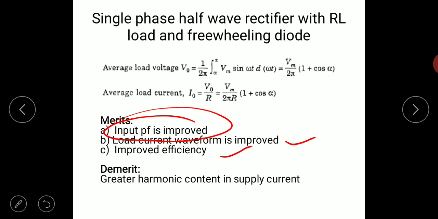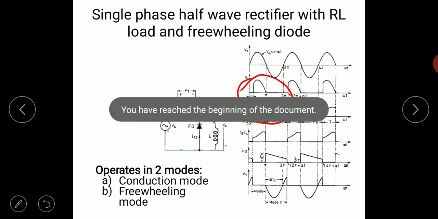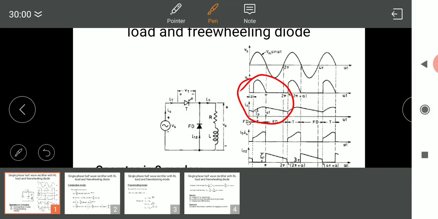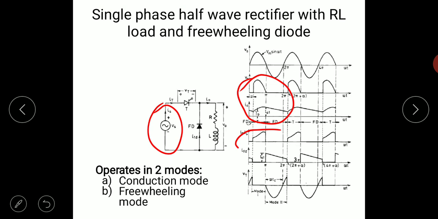We have not mentioned the harmonics on the load side because it was improved, but if you observe the harmonics at the supply side, the supply side current is IS. Here you can see that the IS current is more distorted, even compared with the series RL circuit without freewheeling diode.